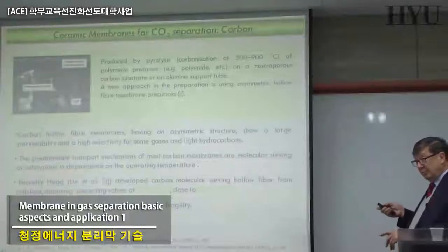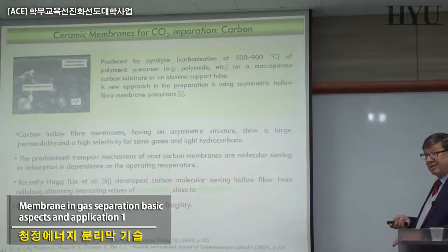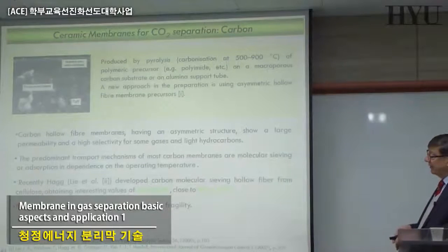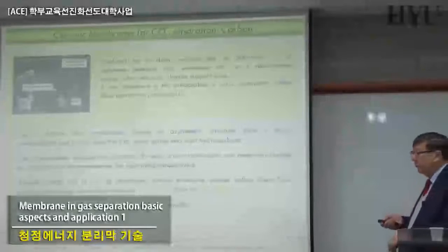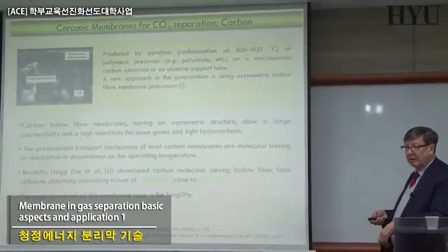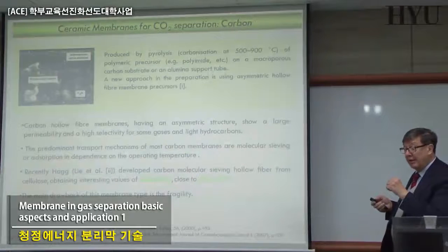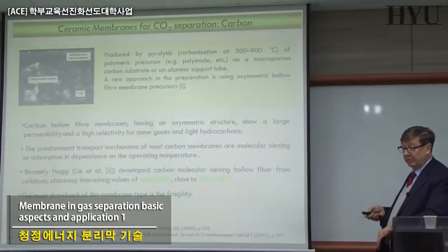And this material has a very interesting permeability and selectivity. The trouble is normally their fragility. So it's not easy to handle, and in some cases there is also a problem of specific fouling. That means some components, sometimes humidity itself, water in vapor phase, can be absorbed initially and decrease the interesting performance of these materials.